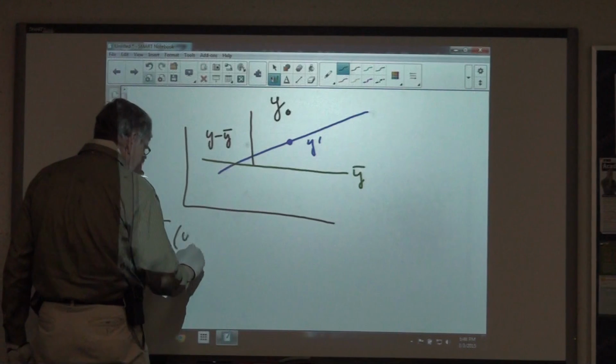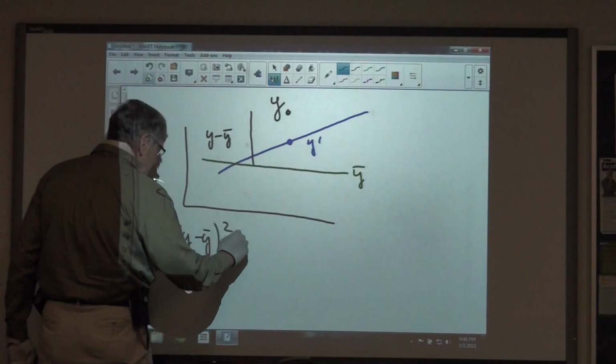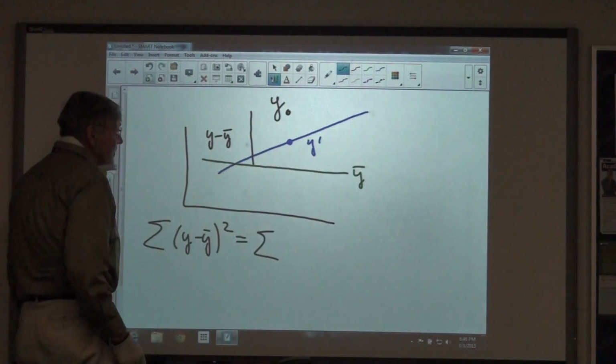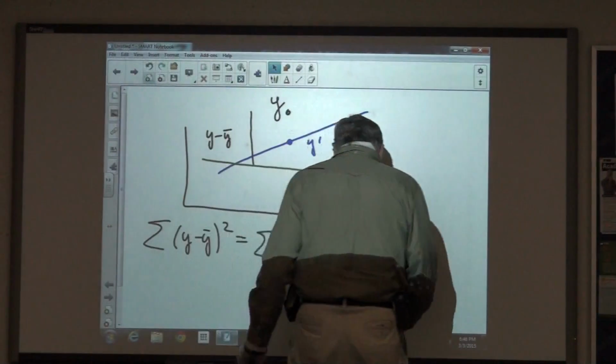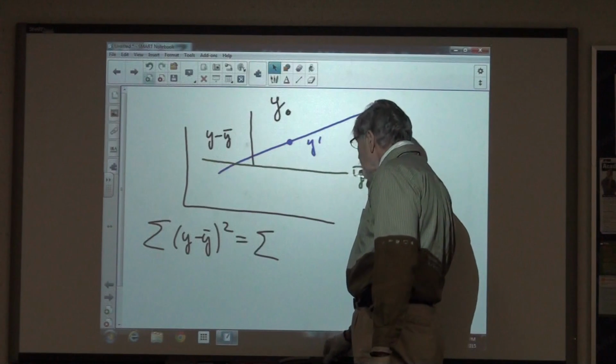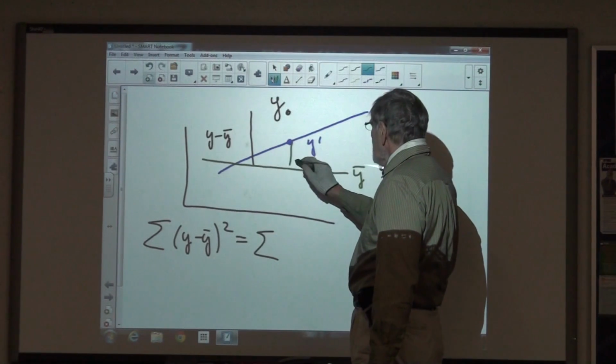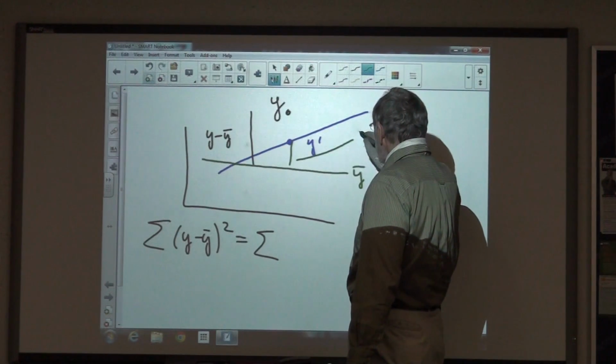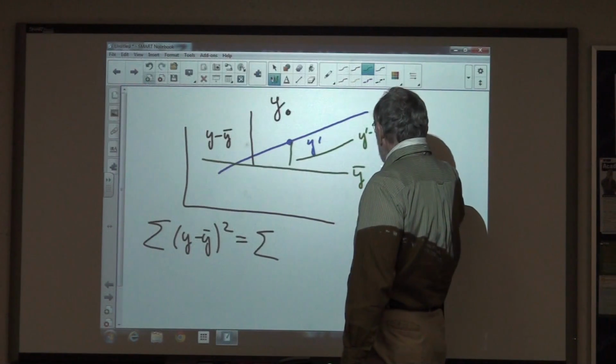And the sum of Y minus Y bar squared, because the sum of the lines adds up, and the green line is the explained part. The explained part is Y prime minus Y bar.